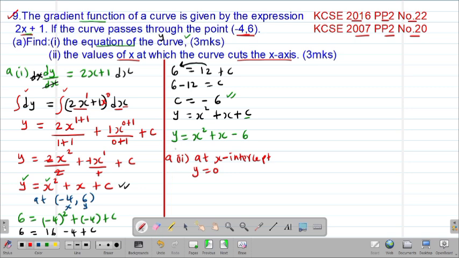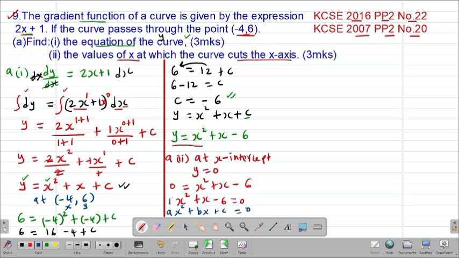Therefore, this equation will become 0 equals x squared plus x minus 6. So clearly this can be rewritten as x squared plus x minus 6 equals 0, which is a quadratic in the form ax squared plus bx plus c equals 0.